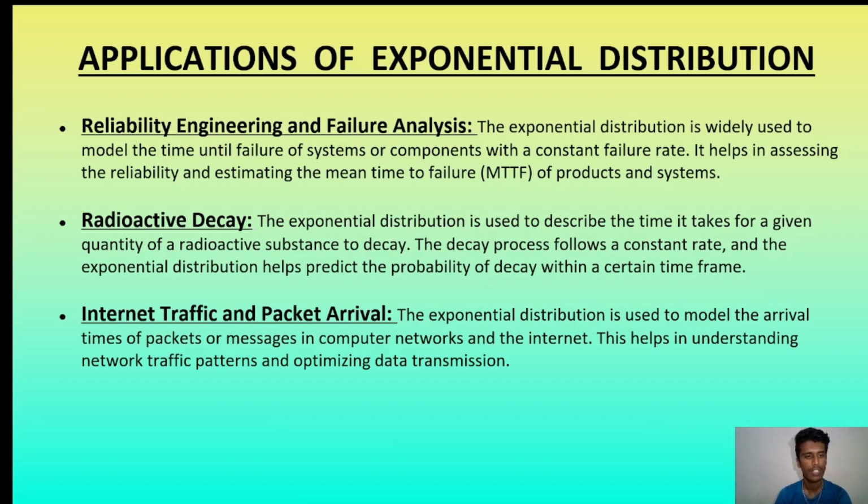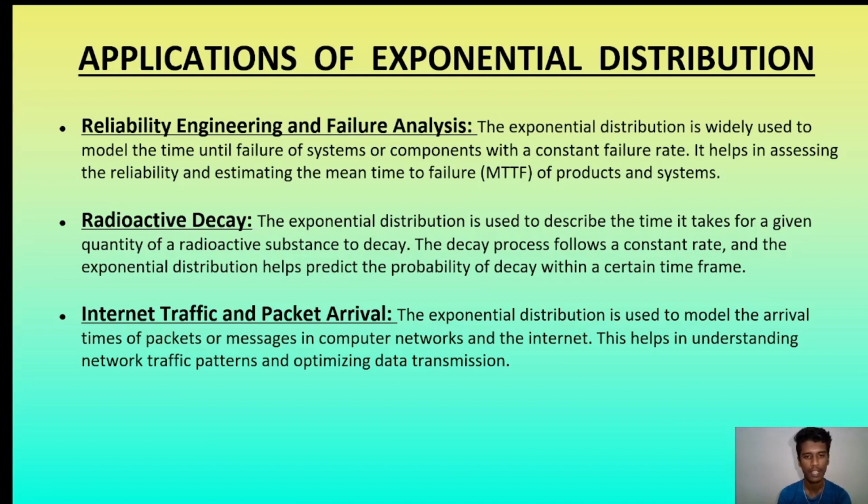In internet traffic, the exponential distribution is used to estimate how much time it will take when there is a server jam or many users accessing the same internet. It gives the time it will take to download particular websites and applications.